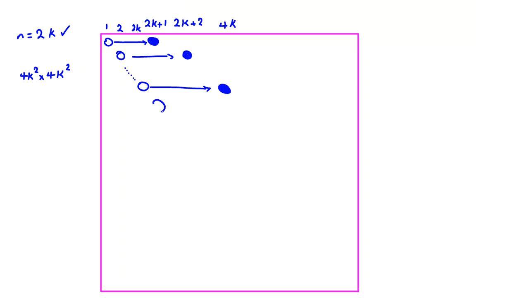And now, next one, it is in 2k plus 1, you move it to left to first column. And again, you move the next one and next one up to, let's see here. Okay, if you want to find 2k plus 2 goes to 2.